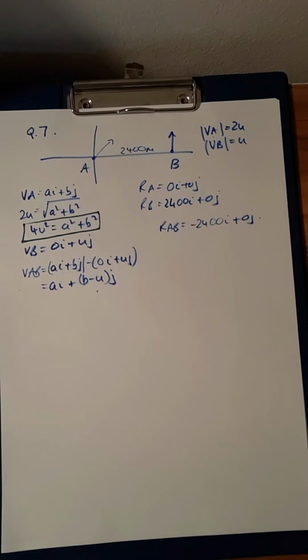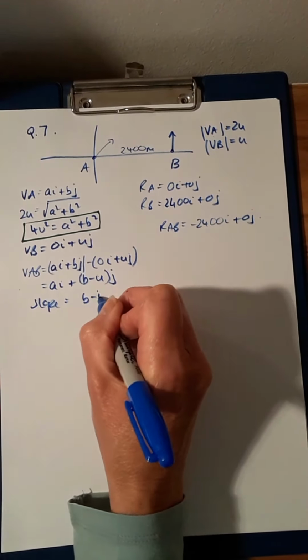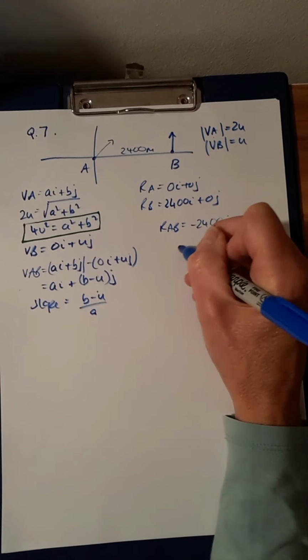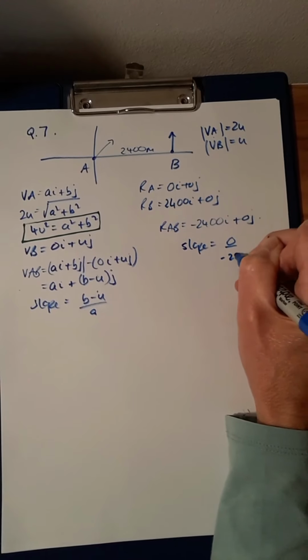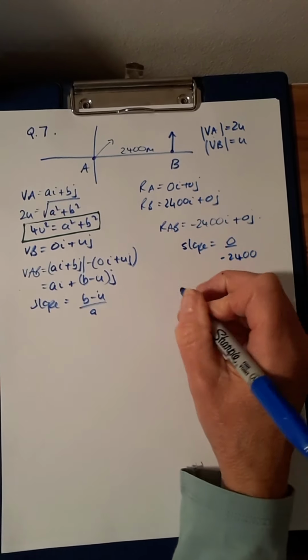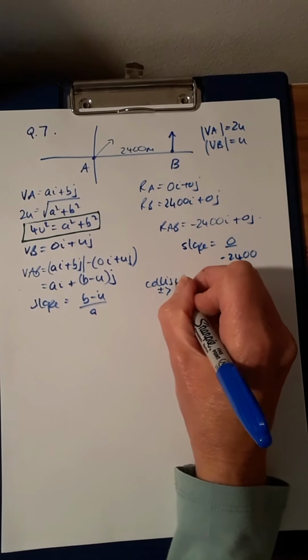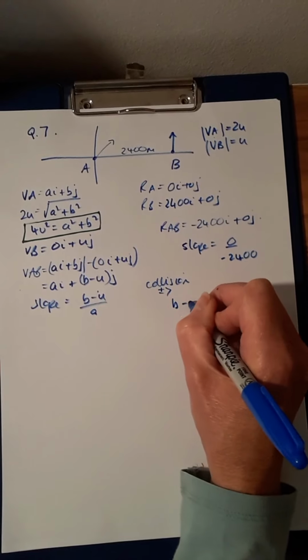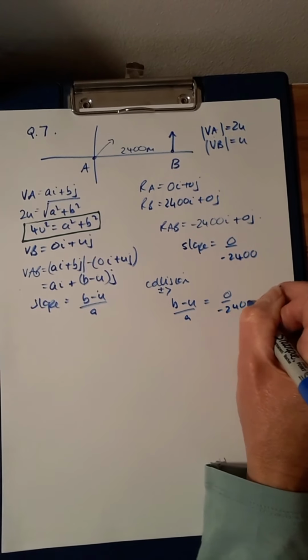Okay, so if they're going to collide or they're going to meet, then their slopes will have to be equal. So what's the slope of this one? It will be b minus u over a, and the slope of this one, of course, will be the j's over the i's, 0 over minus 2400. Okay, so for a collision, let's equate them. So if there's going to be a collision or an interception, b minus u over a is equal to 0 over minus 2400.